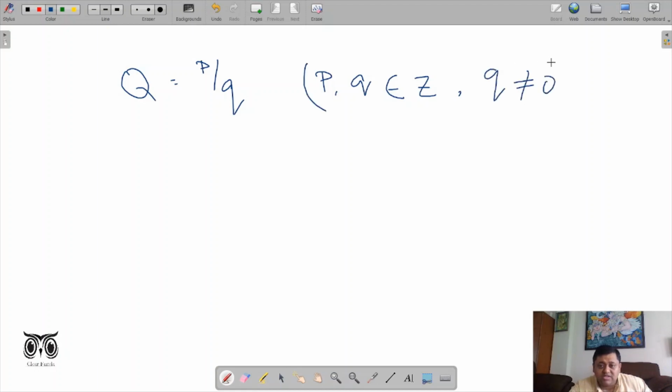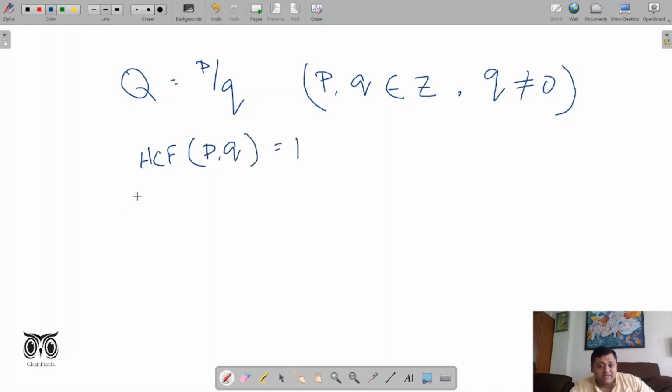Okay, so this is our definition of a rational number. We also assume that p and q are in their simplest form, so we can say that HCF of p and q equals 1.